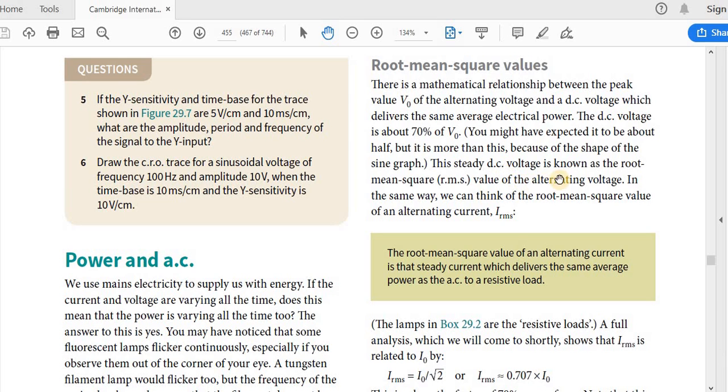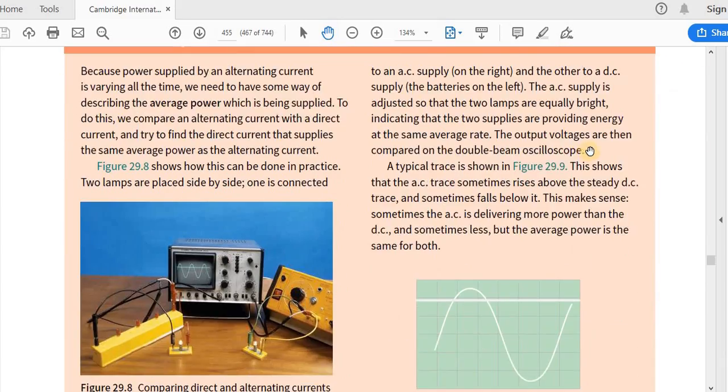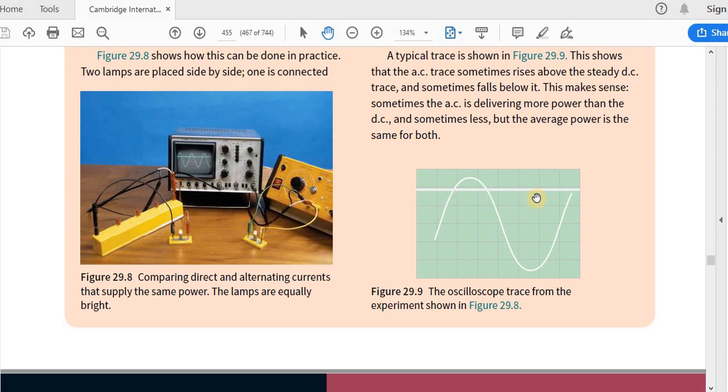This steady DC voltage is known as the root mean square or r.m.s value of the alternating voltage. I think you have seen this briefly in the O-level class, but you didn't go into much detail. Remember seeing a graph somewhere in the Cambridge O-level book. Okay, let's have a look here. This is the one. Okay, so it's around 70% of that value.